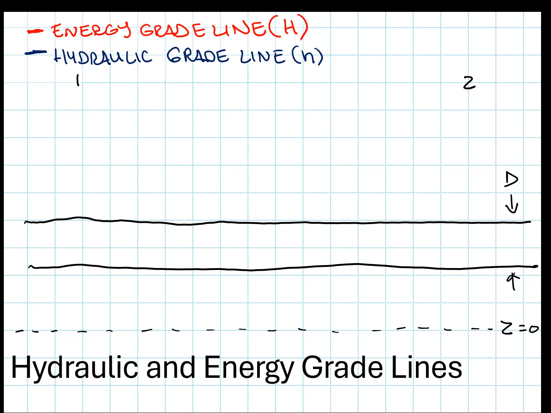So at my point 1, I'm going to estimate my hydraulic energy, my total head, as the sum of my elevation head. So here's my elevation at Z1. And then I've got my pressure head here and my velocity head here.